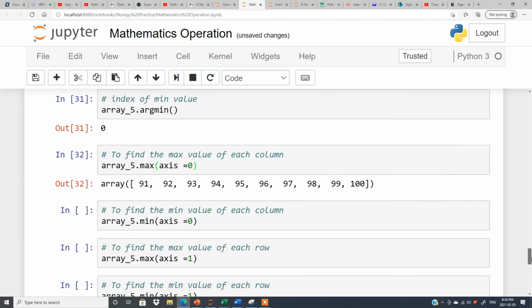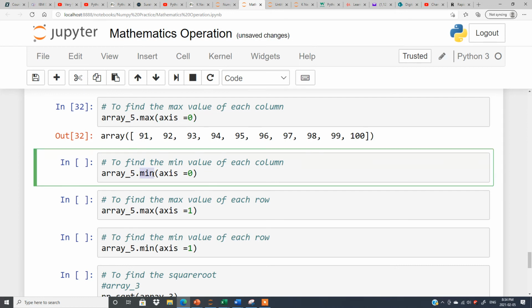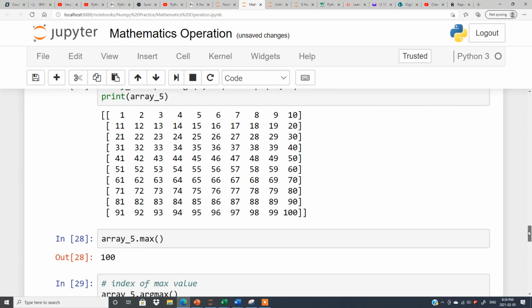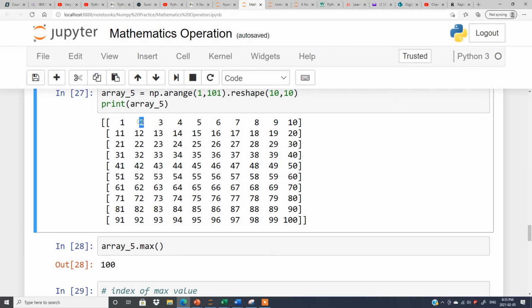So axis equal to 0 will give you the maximum value of each column, and to find the minimum value of each column, you only have to use min instead of max. Execute it. So 1 2 3, this is the minimum value of the first column, second column and third column. Again I will show you, this is one column, the minimum value is 1, this is the second column, the minimum value is 2, and so on, right?